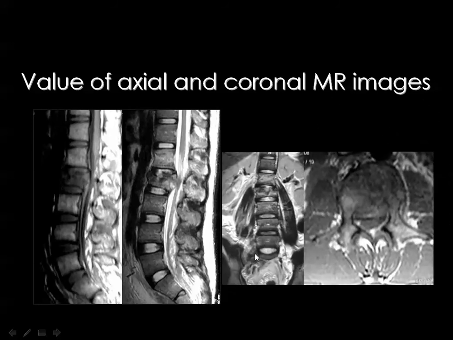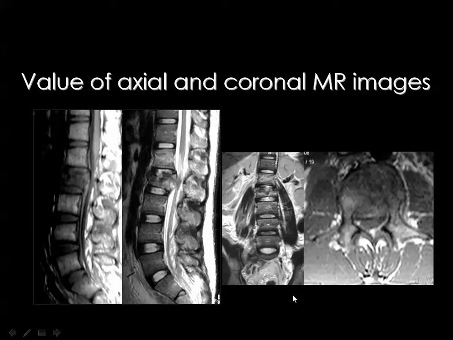Then you may need the axial images to show the exact encroachment on the cord and on the spinal canal, to see the retropulsed bone fragments, to assess for the possibility of fractures of the neural elements like the pedicle, the laminae, the spinous processes, and the transverse processes as well.